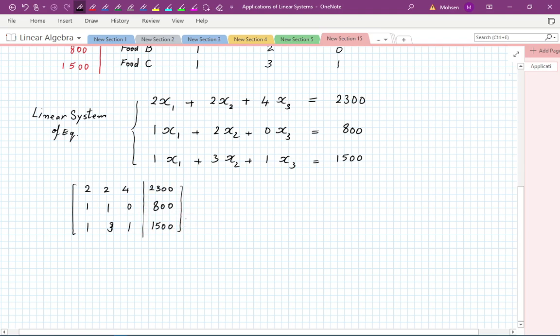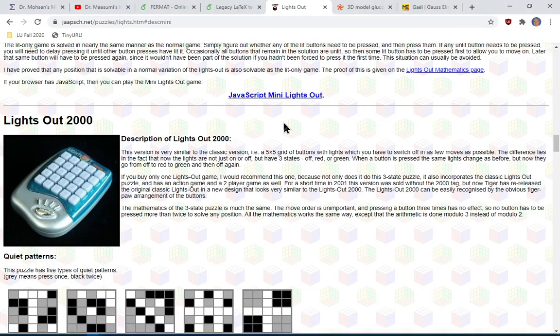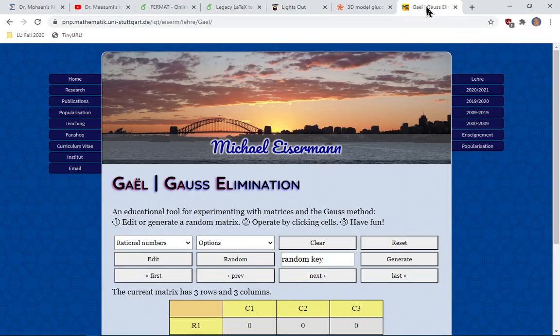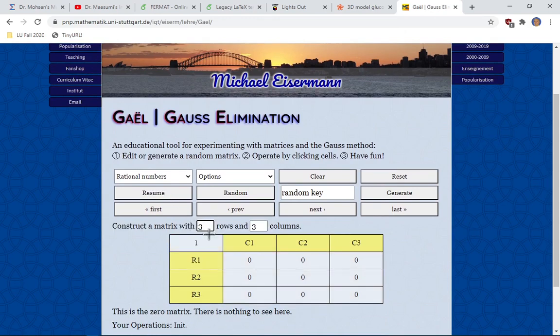This problem is friendly enough for you to attempt to do it by hand, but just to practice that nice little thing we had, let me go bring that up. So we had a nice Gale web page where we want to edit this. Let's practice this thing. It's a 3 by 4.